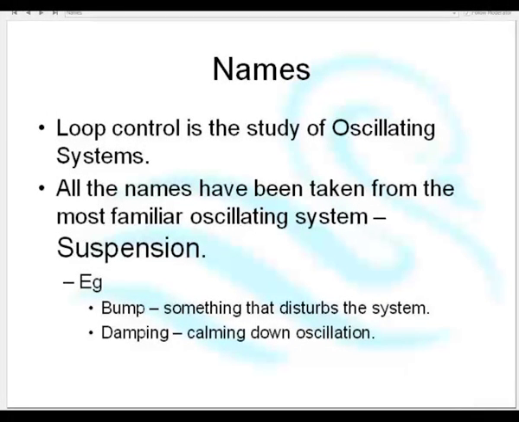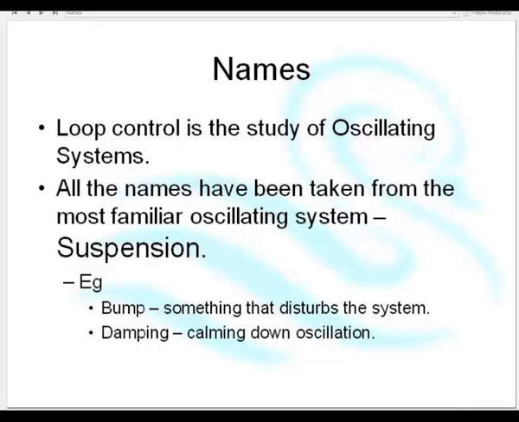When it comes to the naming of names and the sort of terms we use, it's all based on study of oscillating systems. Probably the most familiar oscillating system to you is the suspension on your car. The suspension on your car, if you bounce it, it bounces a couple of times and stops bouncing. If you ever wonder what any of the terms we are using mean, just think, what would this mean if it was to do with my car suspension?